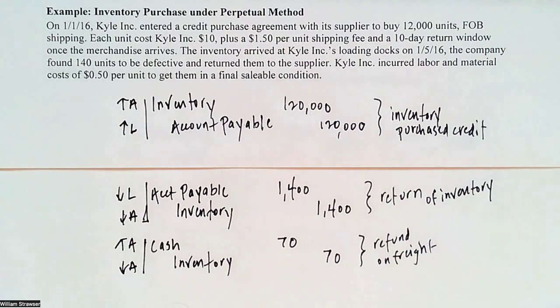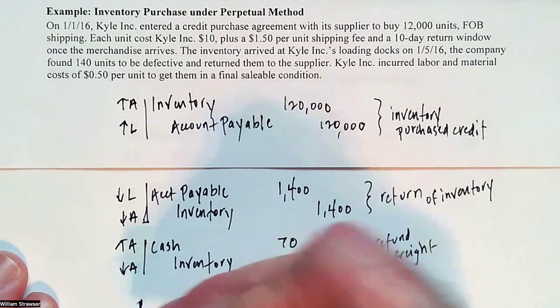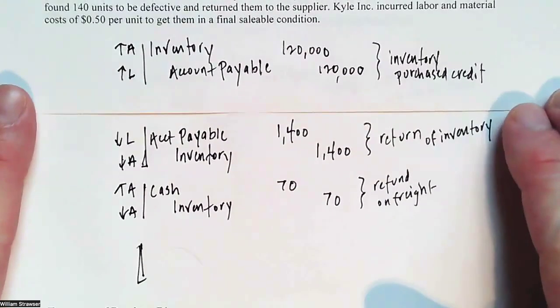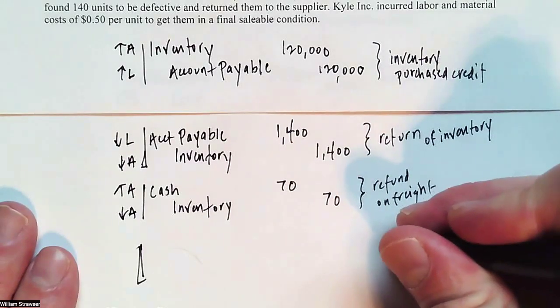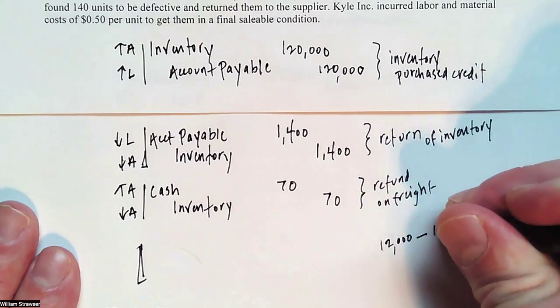The final piece is that 50 cents per unit cost to get them into a final saleable condition. We're only having to get the ones that I kept into a final sellable condition, right? So you've got to keep your eye on that. We had 12,000 units and we returned 140.